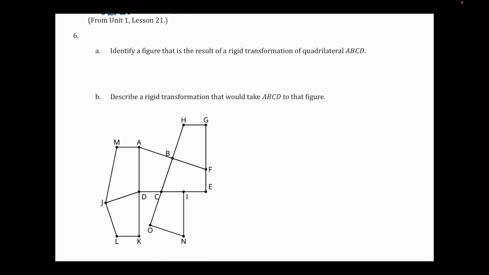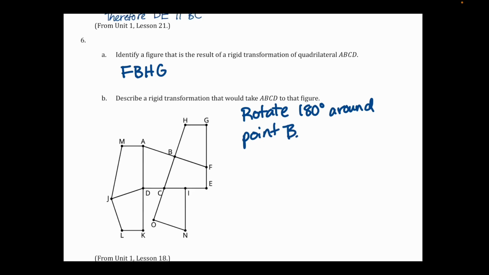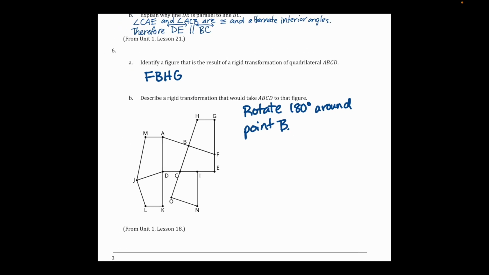So let's describe that. Let's identify a figure that was, now if it's A, B, C, D, that means it's going to be F, B, H, G. And this would be rotate 180 degrees around point B. A bunch of these other figures would work.